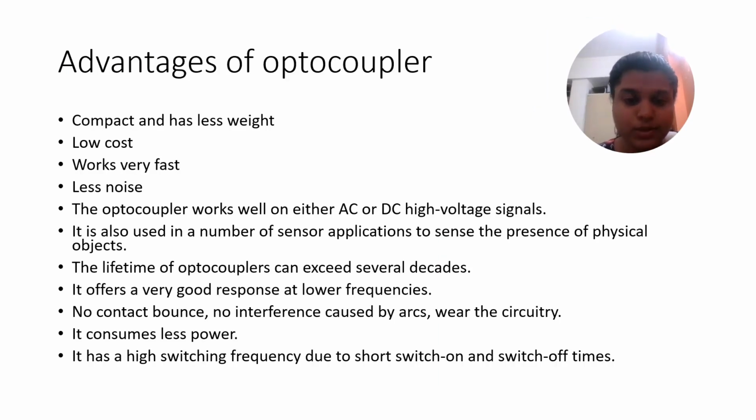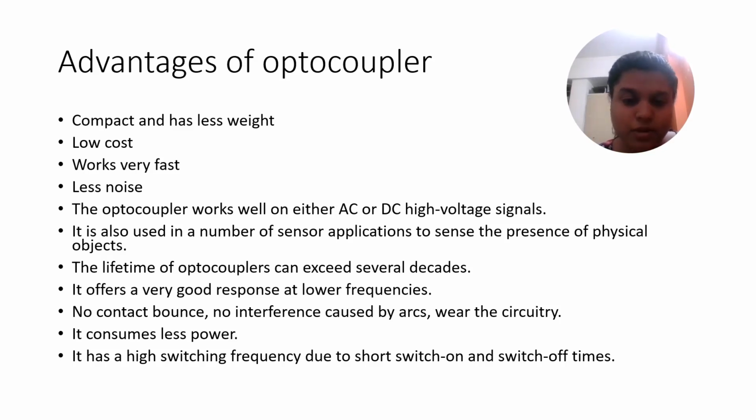Now I'll come to the advantages of optocoupler. First of all, it is compact and has less weight, which is very good for an instrument. It is low cost, works very fast, creates less noise, and works well on either AC or DC high voltage signals. It is also used in a number of sensor applications to sense the presence of physical objects.